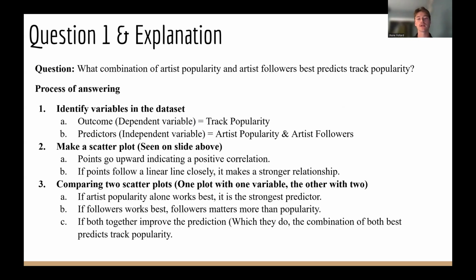Then if you compare two scatter plots together, mixing around which ones are variables, you can figure out which works best for the question. So if artist popularity alone works better, it's a stronger predictor, and vice versa for followers. And if both together improve the prediction, which they do, as shown on the scatter plot, then the combination of both best predicts track popularity.